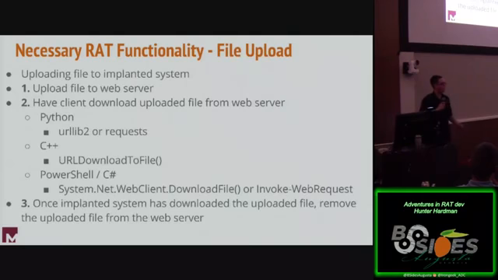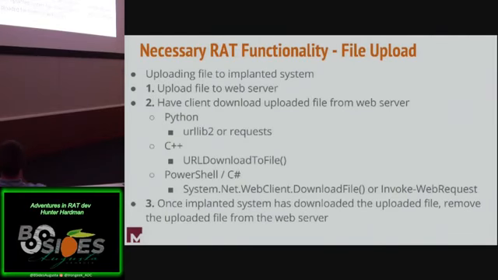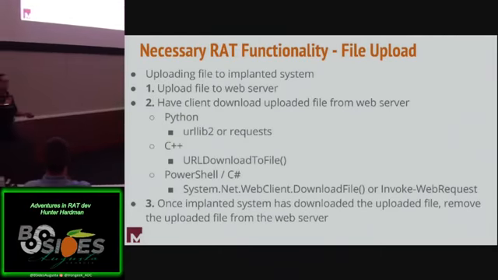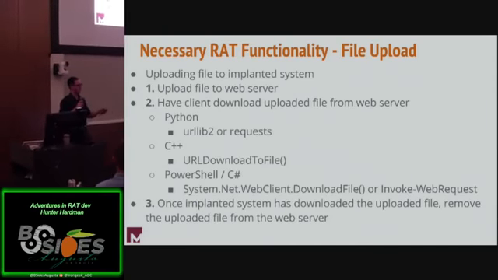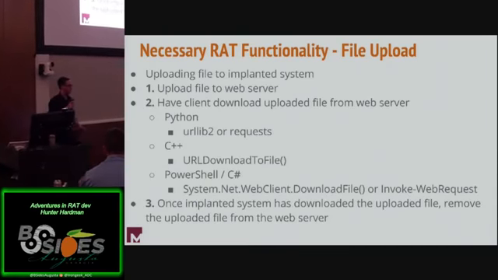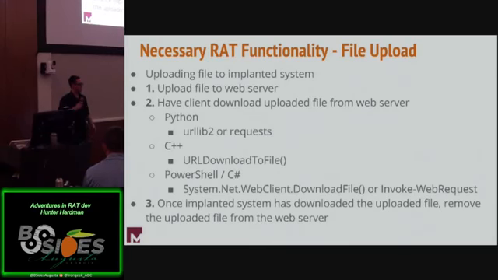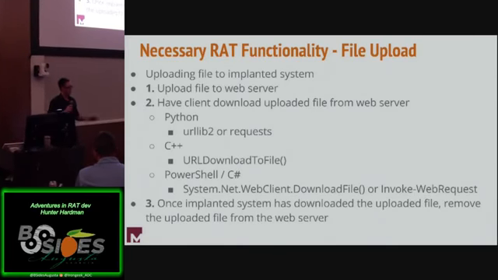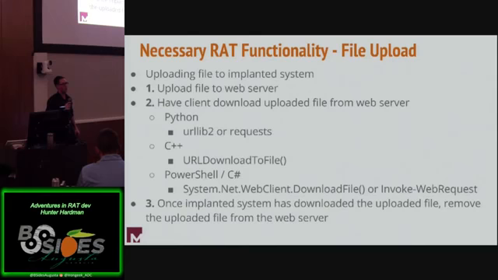As far as file upload, this is going to be uploading a file to an implanted system. First thing you're going to want to do is probably upload it to the web server. That way the implant can access it. And then the implant is going to beacon out, determine if it has any tasks, and then determine that it needs to download an uploaded file, and it will pull it down from the web server, which can be done in a couple of ways: urllib2 or the requests library in Python.